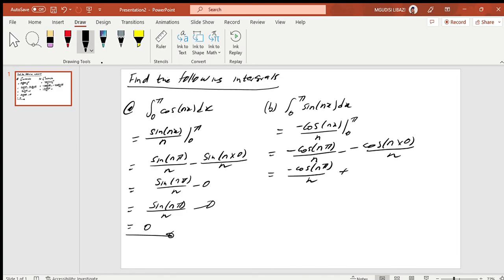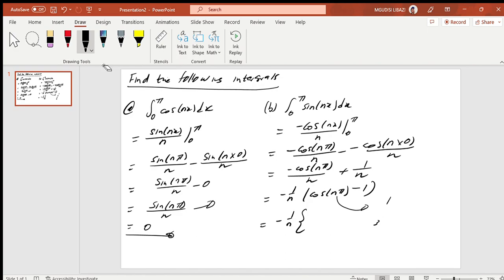Negative and negative we get plus, and then cosine of 0 is 1 divided by n. So what we do now, we take out minus 1 over n as a common factor, and we'll be left with cosine of n pi, and then minus 1 because we took a negative 1 over n. So after that, we have negative 1 over n, and then this, we're substituting values in place of n again, 1, 2, 3, 4, and we notice what we get.